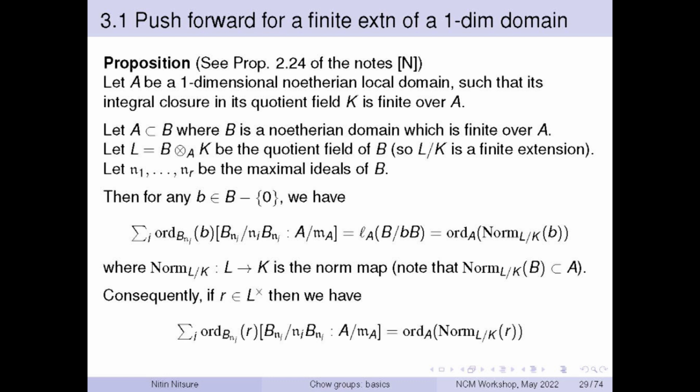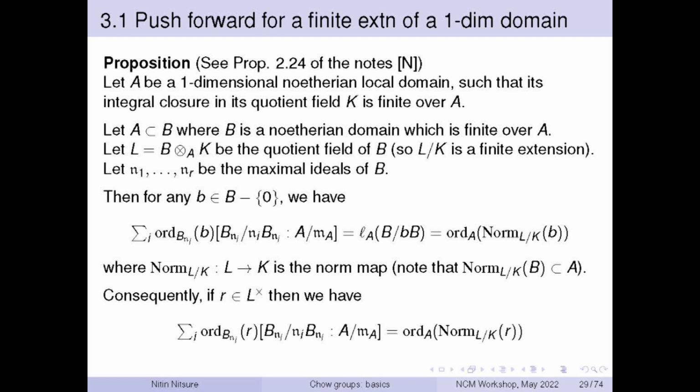See, a semi-local ring is not the direct product of its localizations, no. But when I am going modulo this non-zero b in this domain, that by the Chinese remainder theorem is going to become the direct product of all those localizations at maximal ideals modulo b. So this sum is coming out of the Chinese remainder theorem applied to A mod b and localizations mod b.